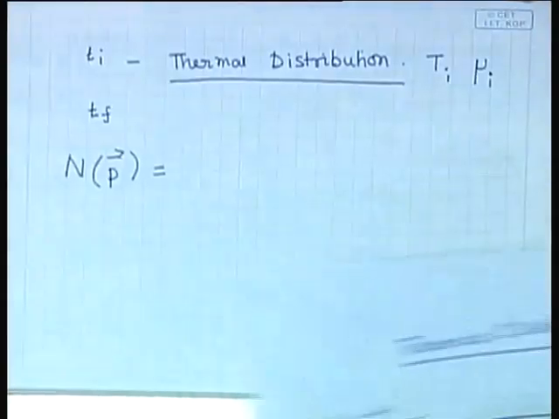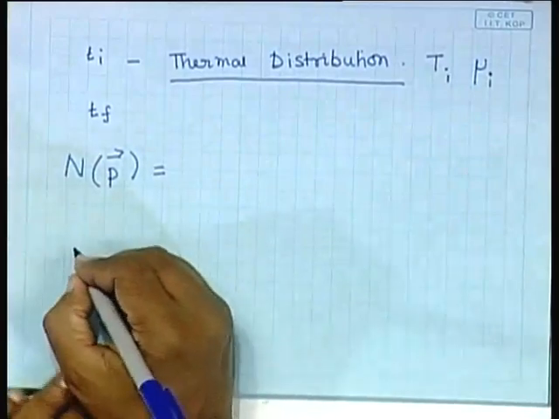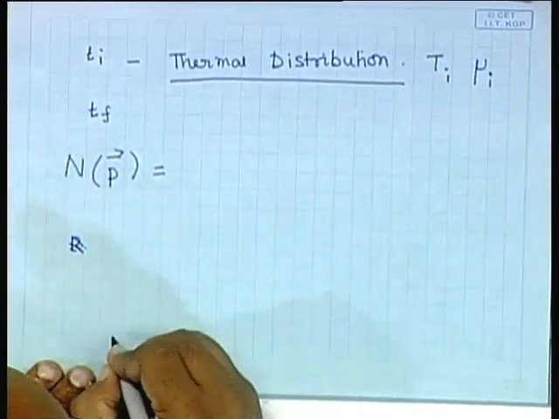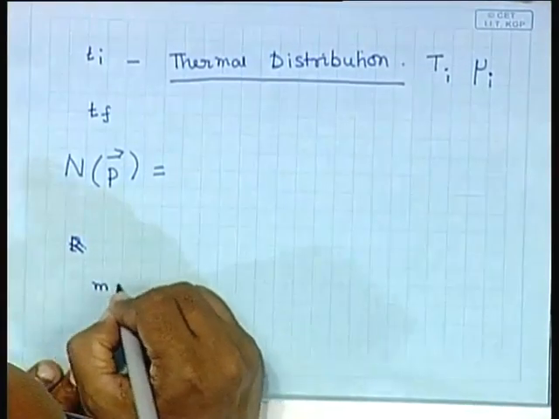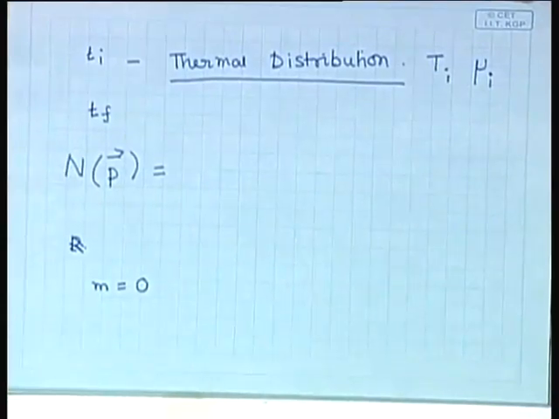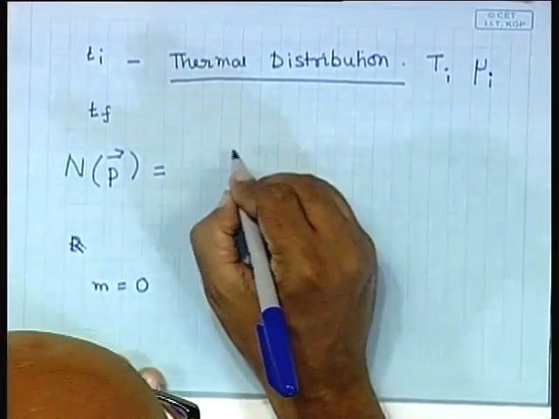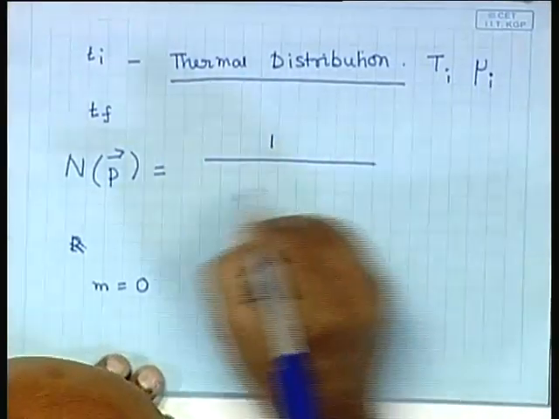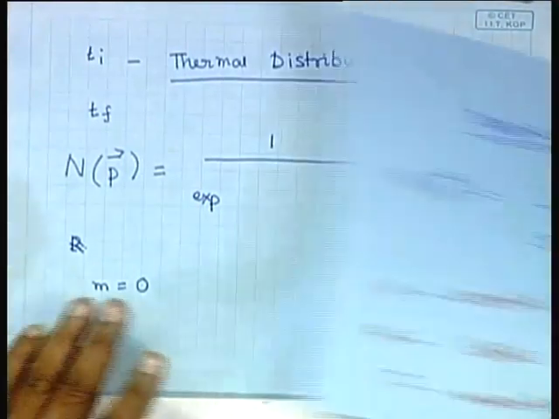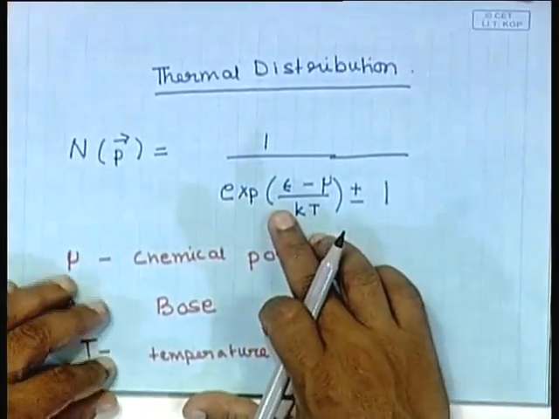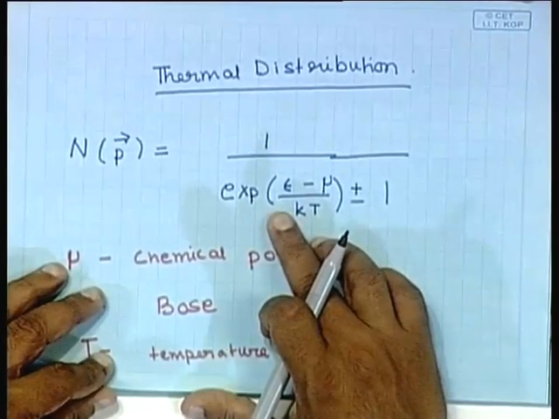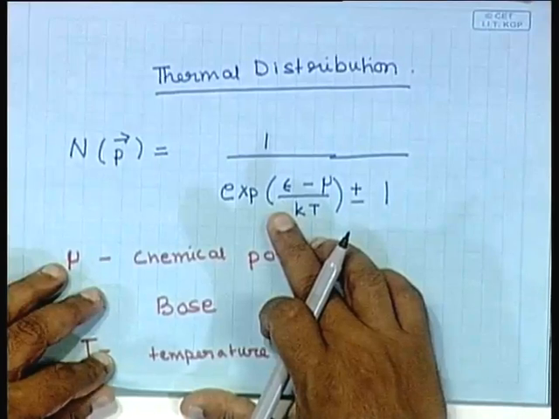Okay. Now, we will consider a situation which is relativistic, a massless particle, m equal to 0. Then I have 1 divided by exponential. What is the energy of a particle with momentum p for a massless particle? It is p into c, right.